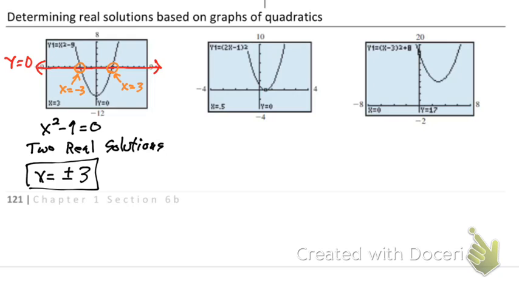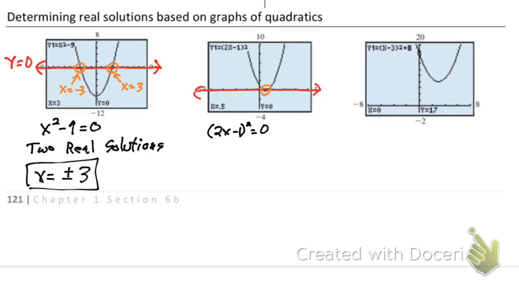So our next one would be 2x minus 1 squared, because it says it at the top left corner. And I'm looking for where it equals 0. Once again, I'm looking for where y equals 0, so I'm looking at this line. In this case, there's only one real solution.